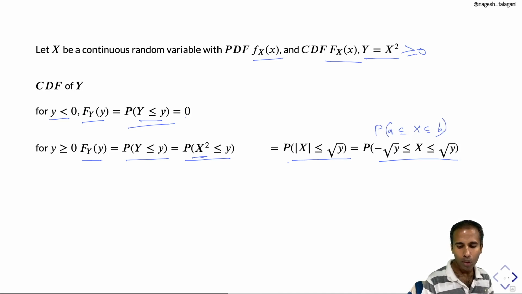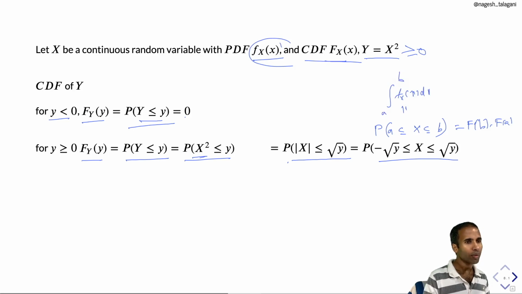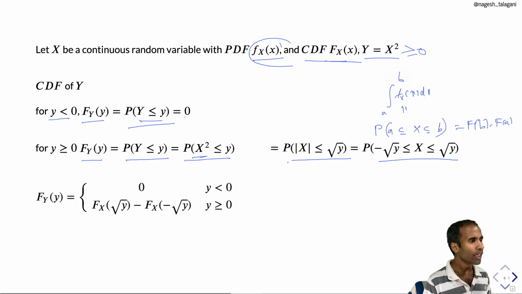If you want to use the CDF, you can answer this one as F of b minus F of a. If you want to use the PDF, then you can answer this one as integration of this PDF from a to b. So we can do it in two ways. So the CDF of Y is going to be 0 when y less than 0.